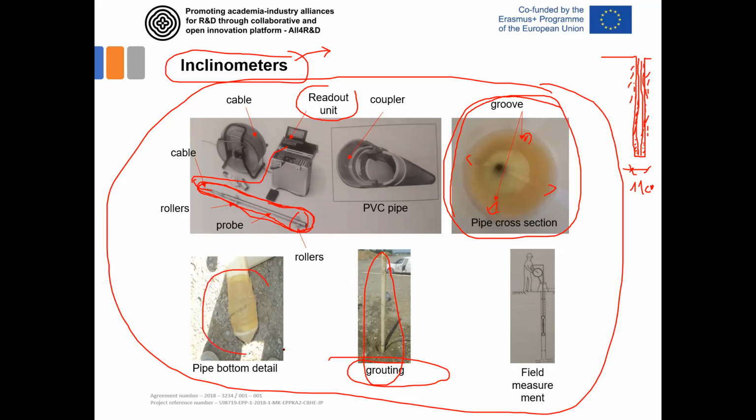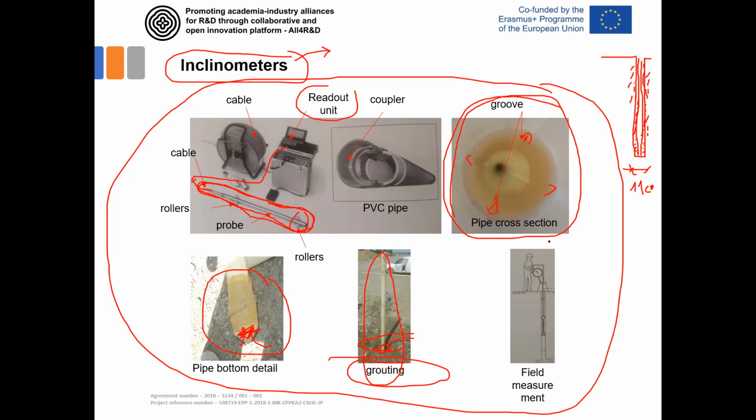This inclinometer pipe doesn't allow the entrance of material from the bottom, since it's closed at the bottom. It's inserted in this borehole, and here you can see the grouting process. We have this grouting pipe connected to this inclinometer casing, and we fill all this space around the pipe with the water cement mixture.